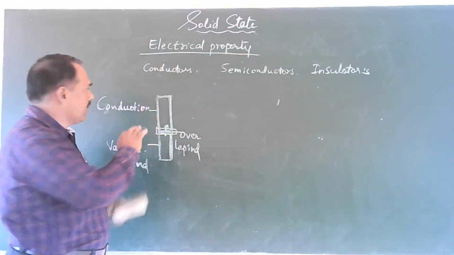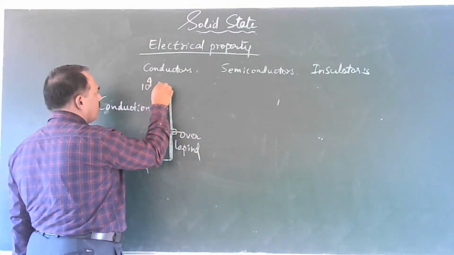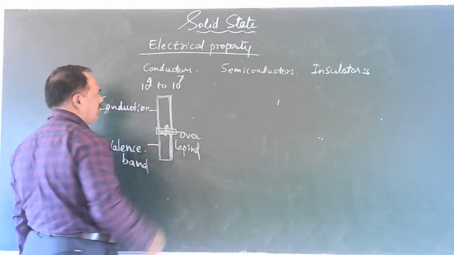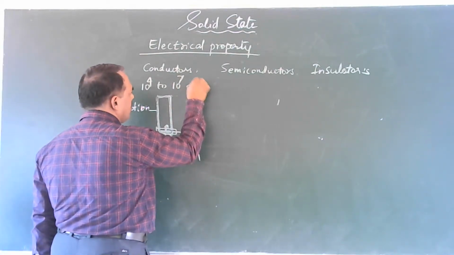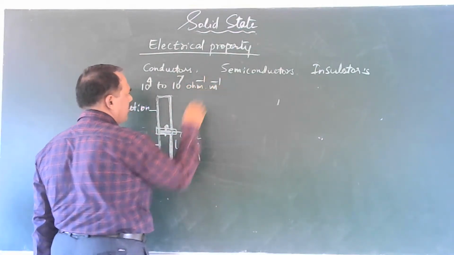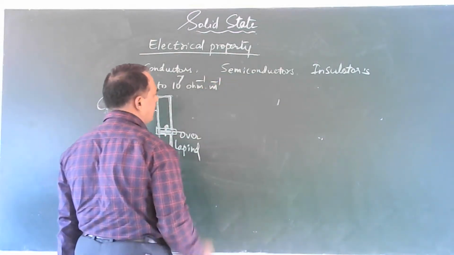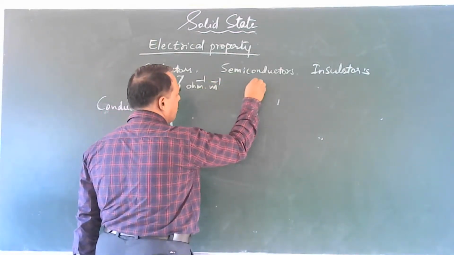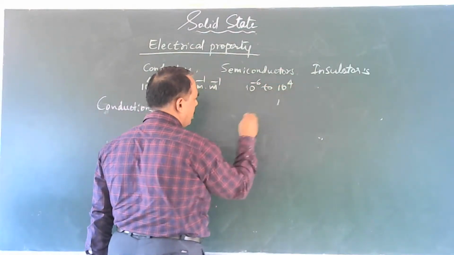In conductors, the electrical conductivity range is 10 raised to 4 to 10 raised to 7 per meter. In semiconductors, it is 10 raised to minus 6 to 10 raised to 4.